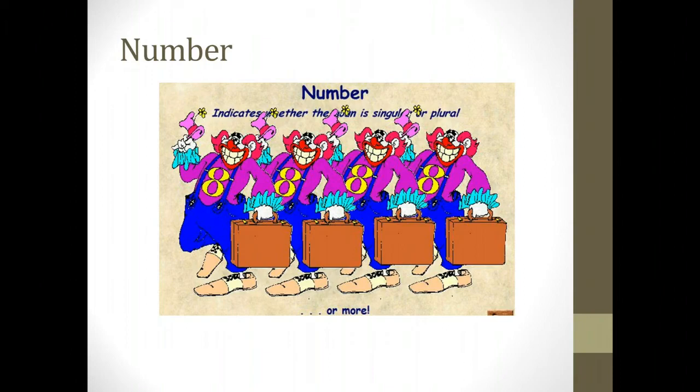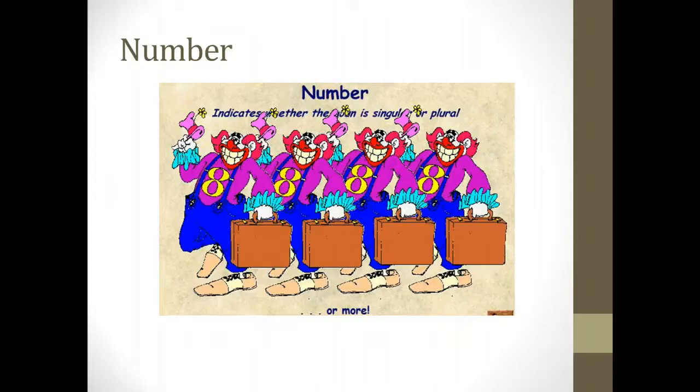So when we look at a noun, we're going to want to identify what its gender is, and then how many of them are. If we're talking about men, is it 1 man, 2 men, many men, women, 1 woman, 2 women, many women? The noun and the way that it is actually constructed will tell us not only the gender, but more specifically how many.